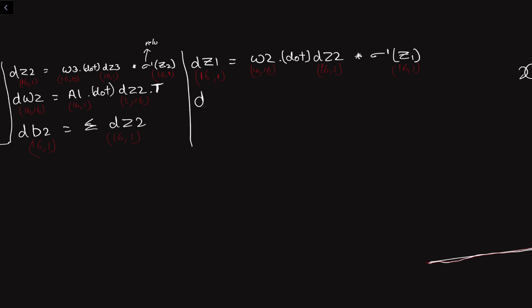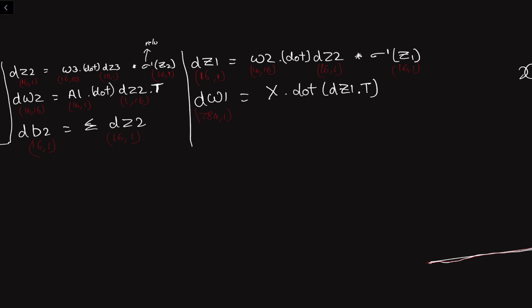Okay, and dW1 equals to? dW1 is nothing but x dot dZ1 transpose. All right, let's find the shapes. W1 is nothing but 784,1.